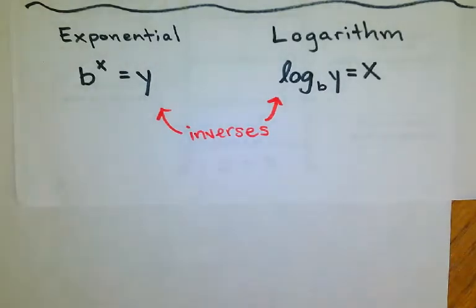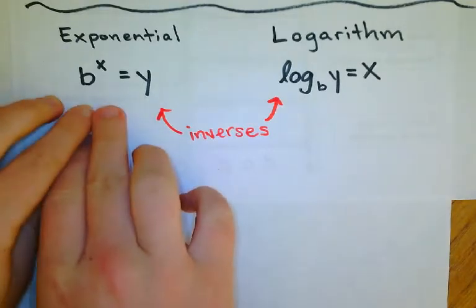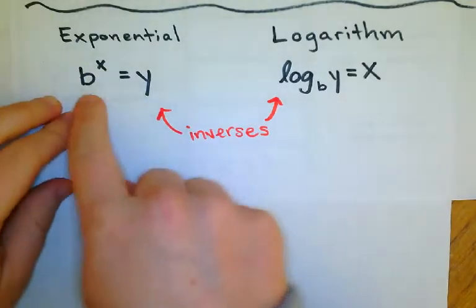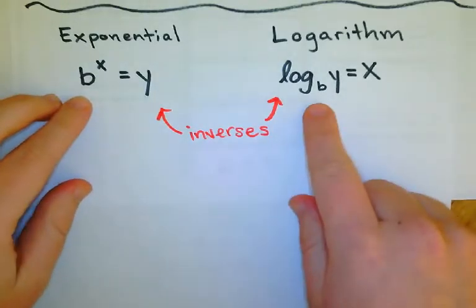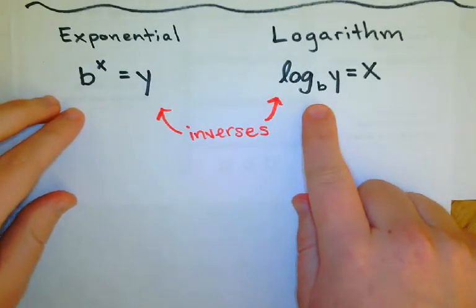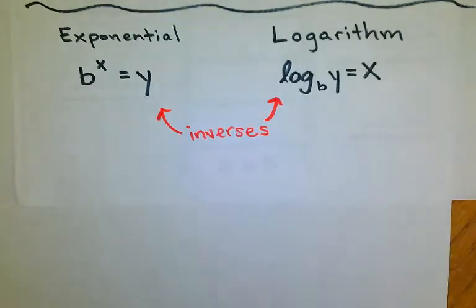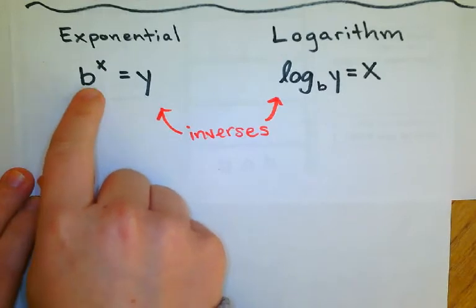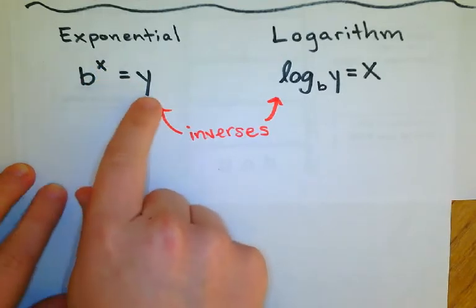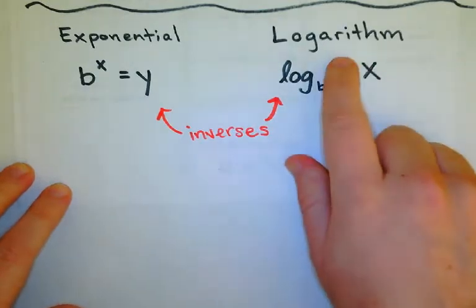So if we're given an exponential function, an exponential equation, we can shift and move these variables and numbers around to make it a logarithmic function or a logarithmic equation. Now, just like there's 3 parts here to an exponential equation, your base, your exponent, and your answer, there's also 3 parts to a logarithmic equation.